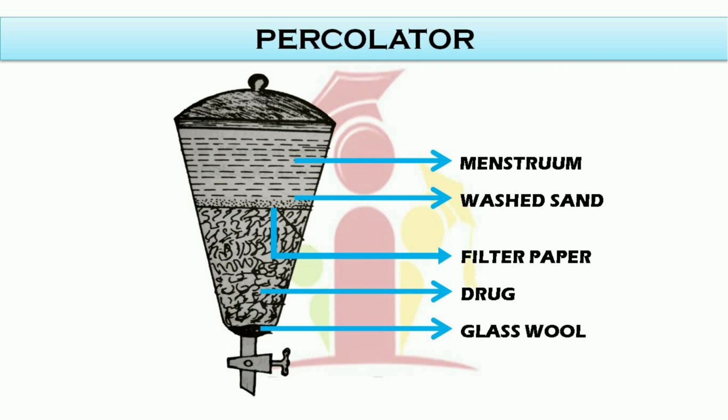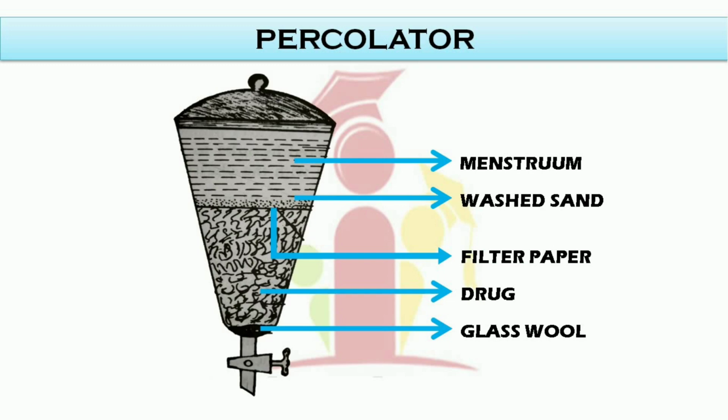Now the percolation process is as follows. First, the drug is powdered in this process to pack evenly in the percolator. The degree of size reduction depends on the nature of the tissues of the drug, the menstruum used, and the solubility of the active constituents. Then imbibition occurs.